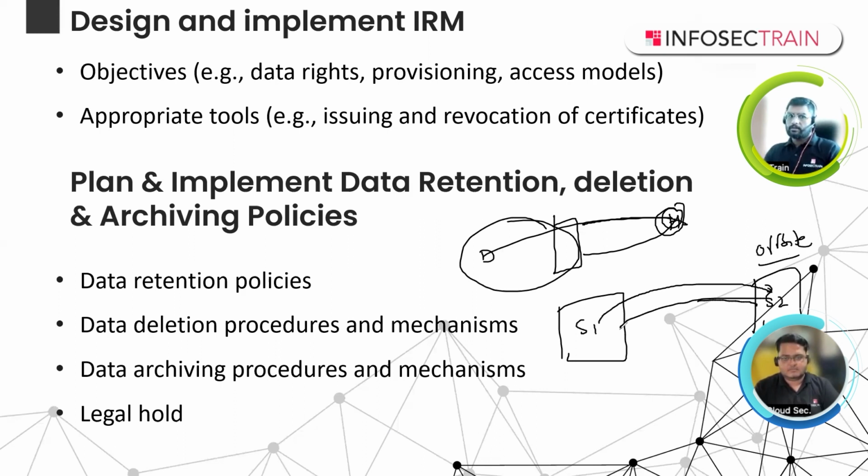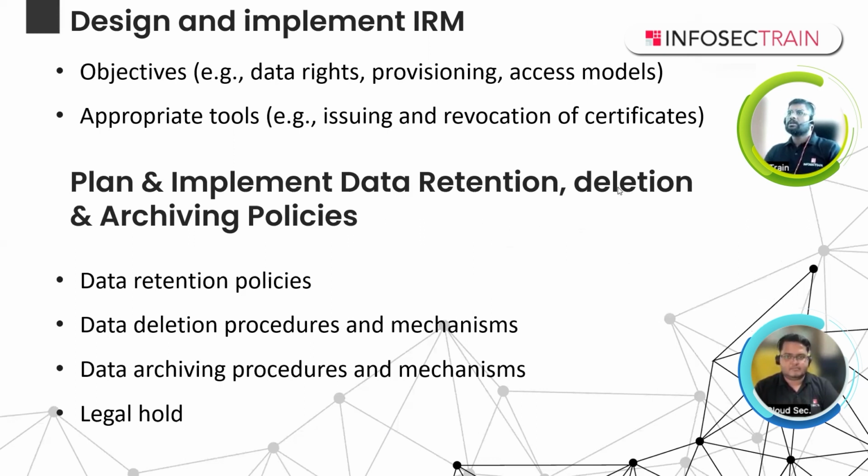When I retrieve the data, it should be retrieved in the same state and in a proper functional manner. So retention needs availability, it must be available whenever it is required, and integrity is another important pointer. Availability, integrity, and the retention period are all very important. We also have to make sure we test properly, so we can ensure the integrity of the data.